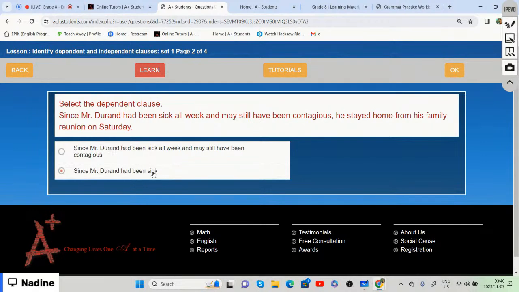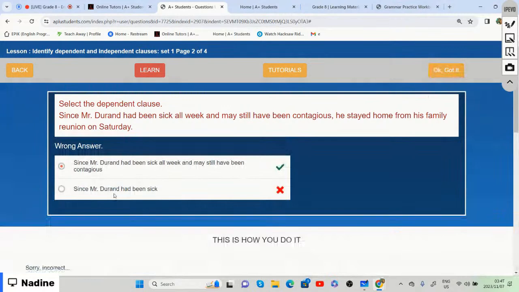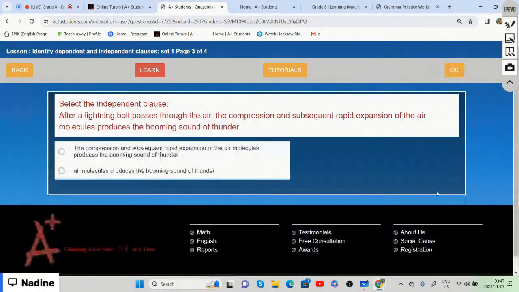So we can say it is since Mr. Duran had been sick. So let's go with since Mr. Duran had been sick. Oh, because yes, since Mr. Duran had been sick all week and may still have been contagious. All right, interesting.